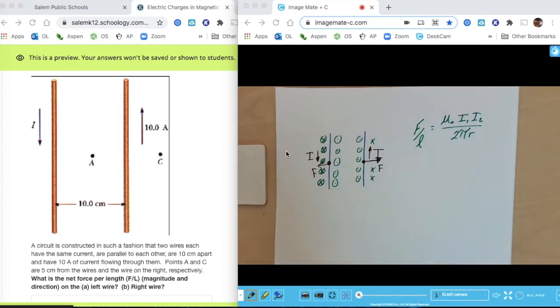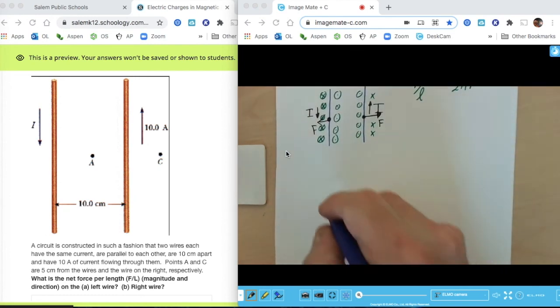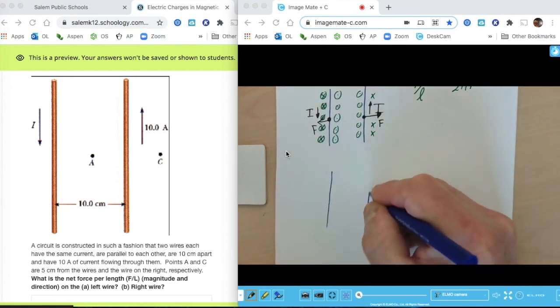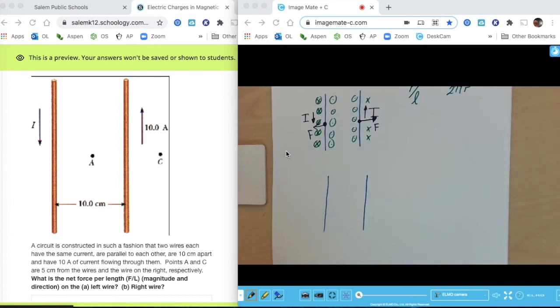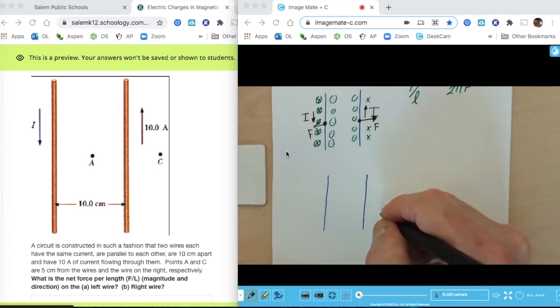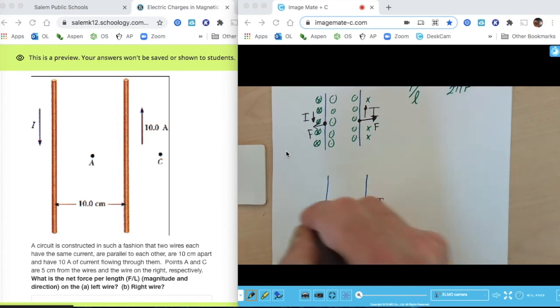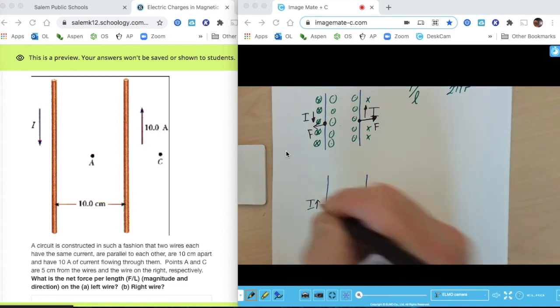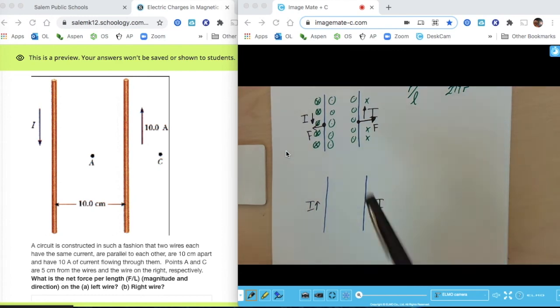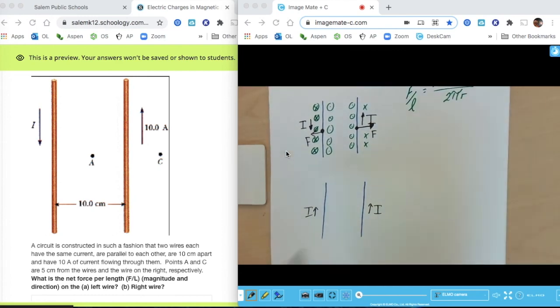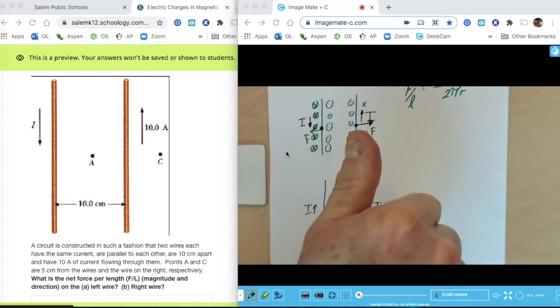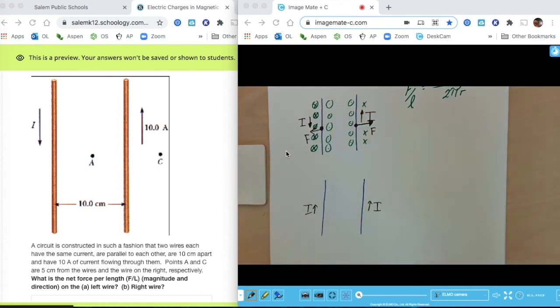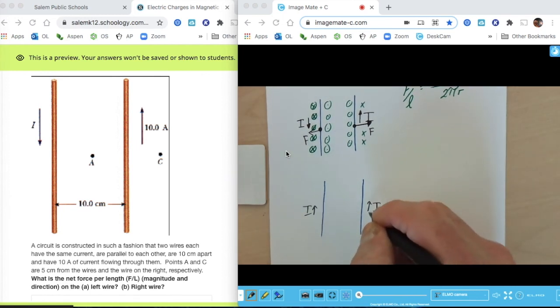And super quickly, let's just convince ourselves that if the wires had current in the same direction, which they don't, it would be attractive. I think we know the answer, but let's work it out. Let's say the current is up in both of them. Then both B fields are into the page on the right side of the wire, by the right-hand rule.